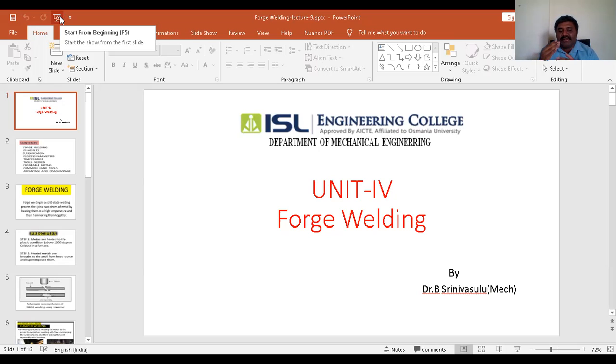The weld is completed by the application of pressure or by hammering. This is the way forge welding is carried out.